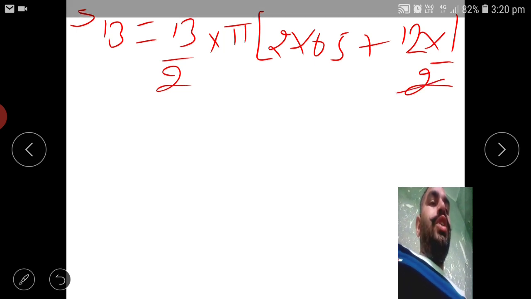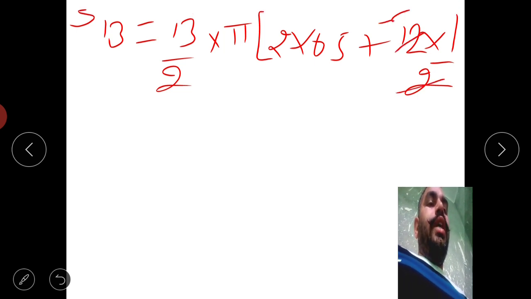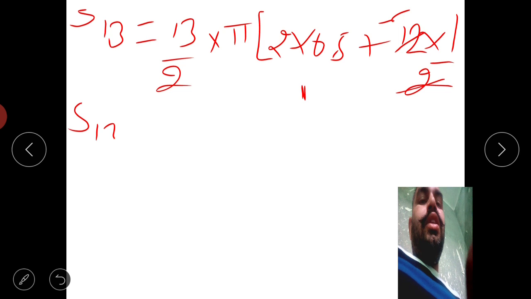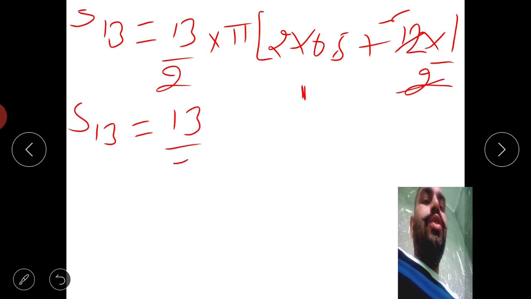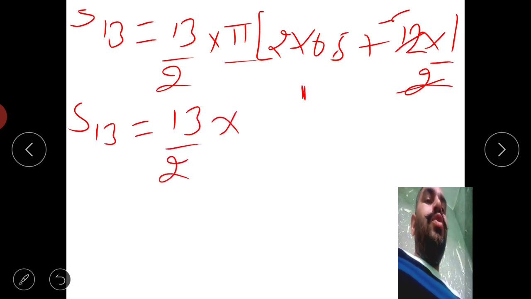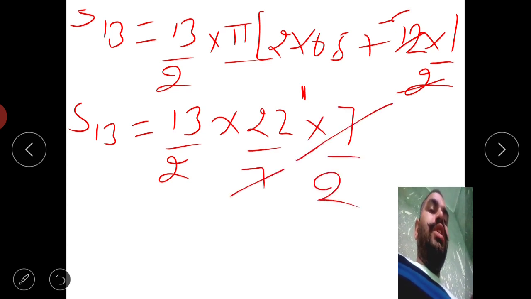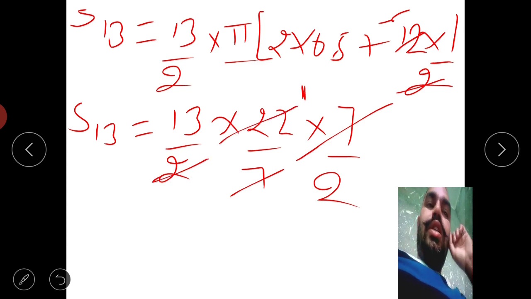Yes or no? 2 से this cancel out 6, and 2 को 0.5 से multiply किया, that 1, 6 plus 1, 7. So S13 is equal to 13 by 2 into pi, value is 22 by 7, into 7 by 2. 7 is cancelled out with 7, then this is 11.